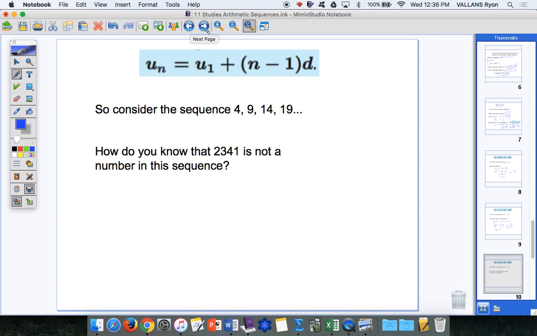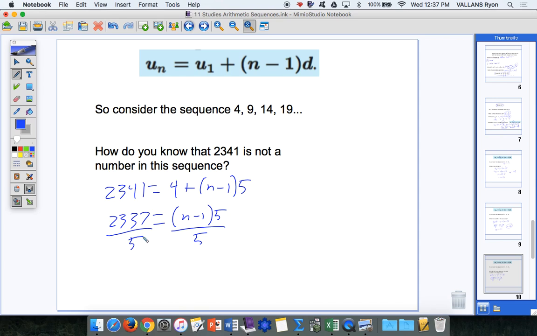How do you know 2,341 is not a number in the sequence? Same thing, 2,341 equals 4 plus n minus 1 times 5. Subtract 4, I get 2,337 equals n minus 1 times 5. Divide by 5 here. I get n minus 1 equals 467.4.